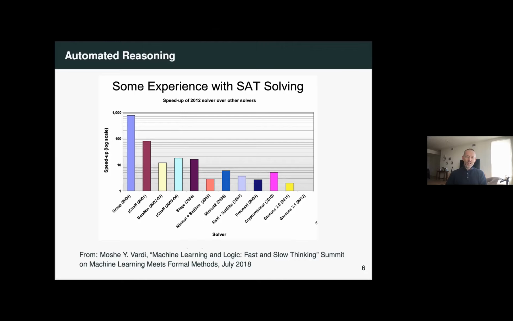So if you look at SAT solving over a 10-year period, we get this incredible speed up. So essentially, the 2012 solver is 1,000 times faster than the 2000 solver, right? So 3 orders of magnitude in a decade, and actually the results since then have been similar.